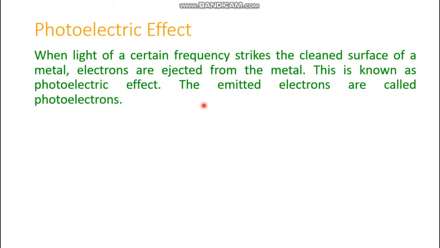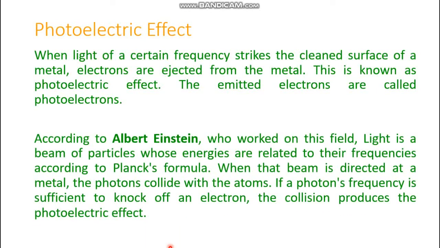The emitted electrons are called photoelectrons, and Sir Albert Einstein got the Nobel Prize for this work, not for his general theory of relativity. According to Albert Einstein, light is a beam of particles whose energies are related to their frequencies according to Planck's formula.